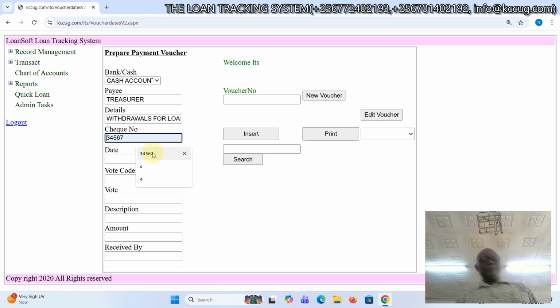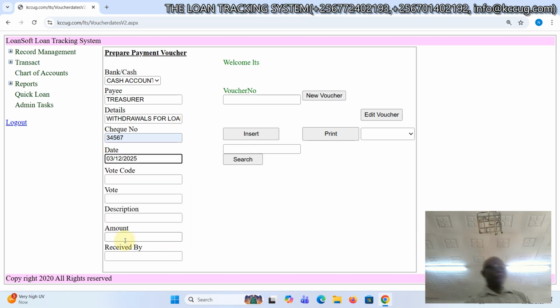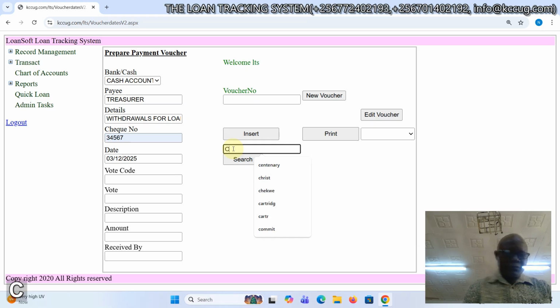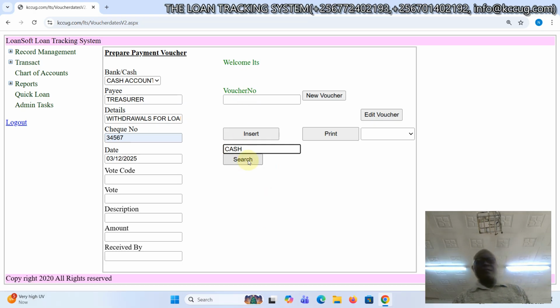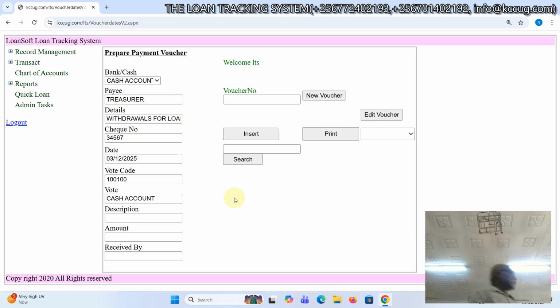Check number, if there is one, you will indicate. Date, you will indicate the date, maybe today. Now here you have a vote code. This vote is cash. You can search for the word cash here, and then you can see it is the cash account. You select it, account 100.